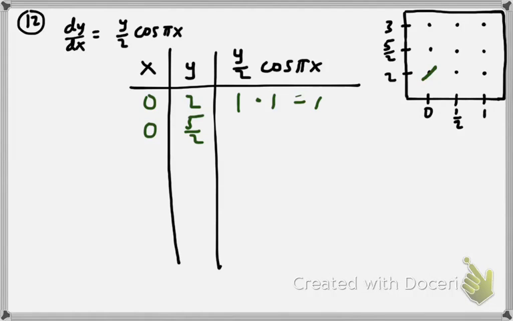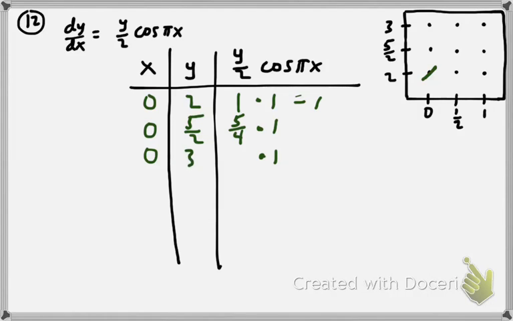Okay, if I notice here that when x is 0, the cosine of pi times 0 is going to be 0. So anytime x is 0, the cosine is 1, because cosine of 0 is 1. But then with 5 halves, I get 5 fourths. So when y is 5 halves, then y over 2 is 5 fourths.